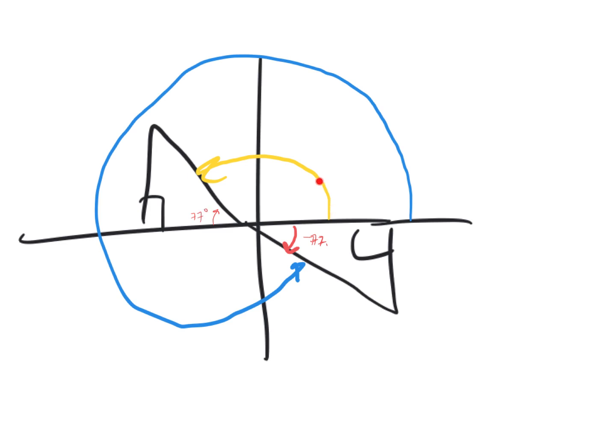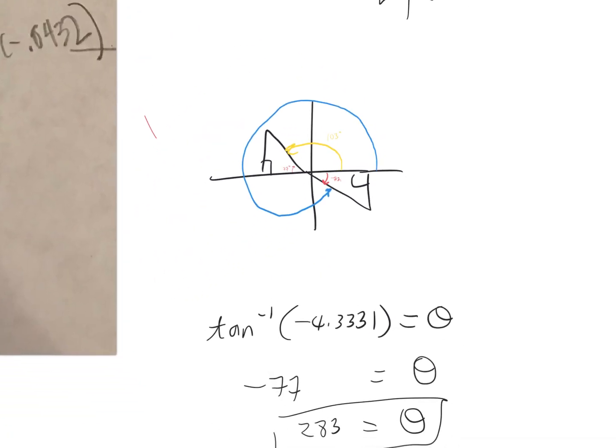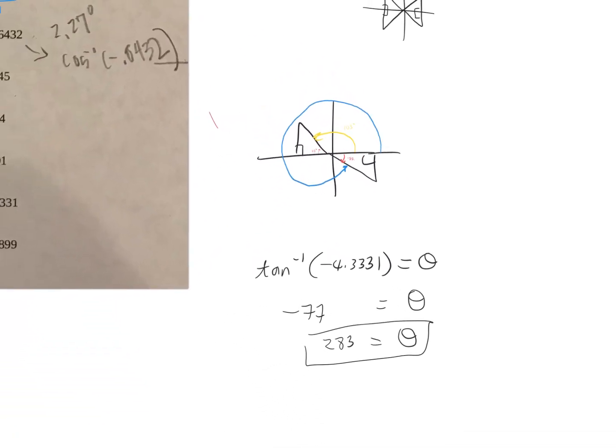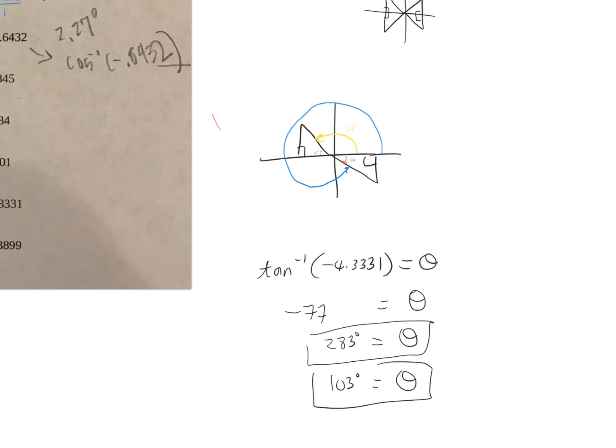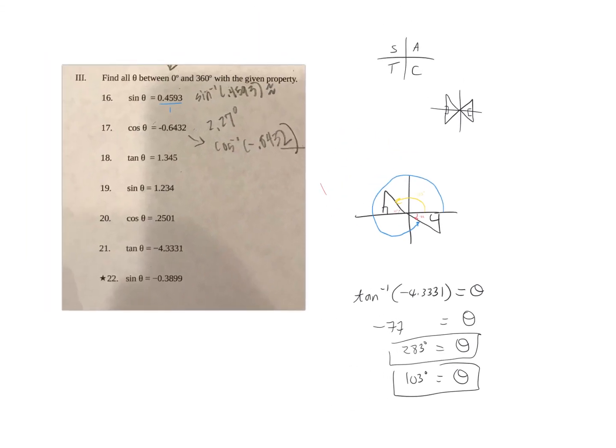So this yellow angle that starts here and ends here is going to be 180 minus 77, which is 103 degrees. So let's go ahead and write that as our other answer. Okay, 103 degrees. These are the two answers for problem number 21.